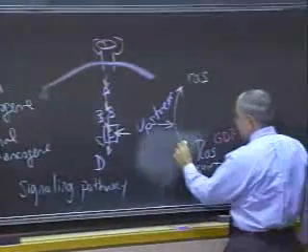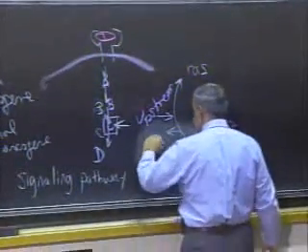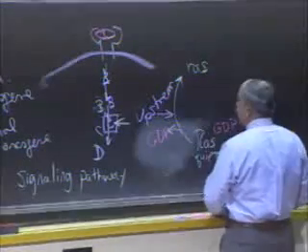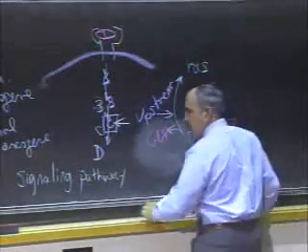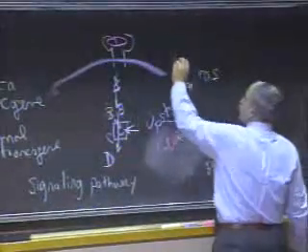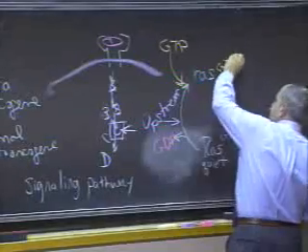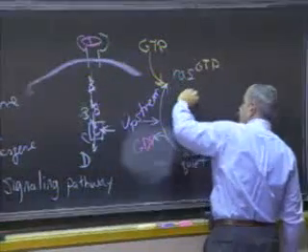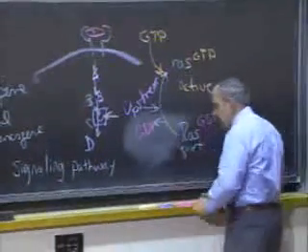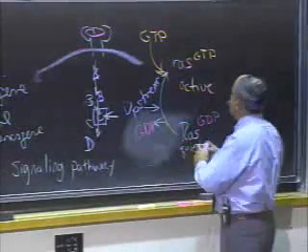RAS will shed its GDP and will instead allow a GTP to jump aboard. So now a GTP can jump aboard, and now RAS is in its active state up here. And while it's in its active state, it can emit growth stimulatory signals into the cell.